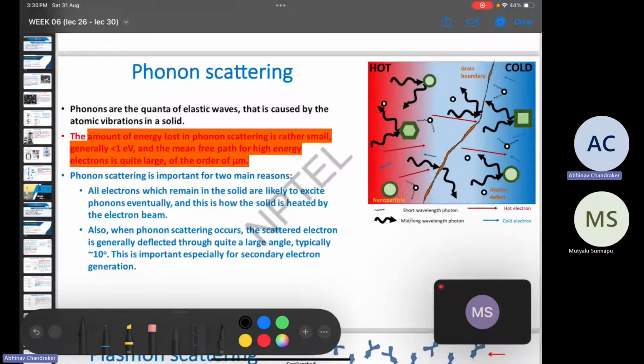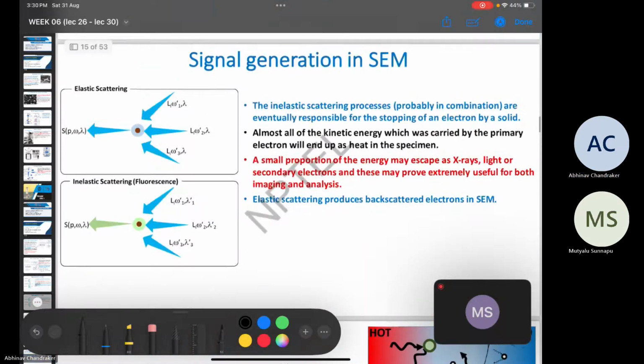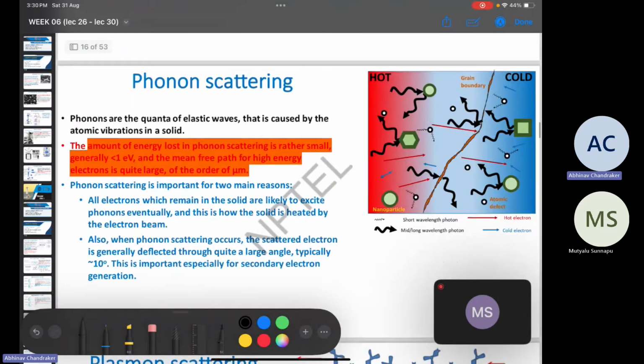Now, within inelastic scattering, there can be multiple modes of scattering which lead to a loss of energy of the incoming electrons. You can try to visualize it: if you have a specimen on which incident electrons are being bombarded at a very high energy, then we know that there will be some elastic interaction, that is the electrons will interact with the atoms of the specimen and move away in some other direction without losing any energy.